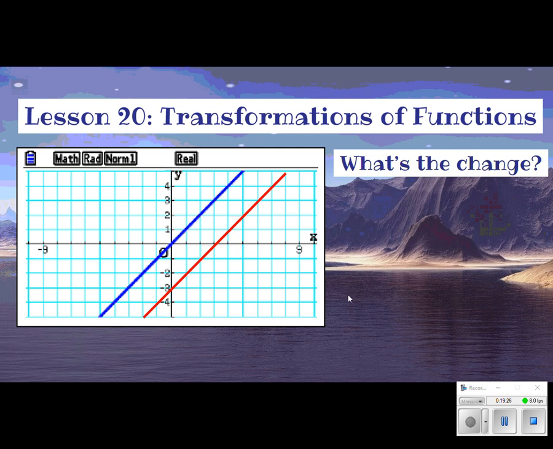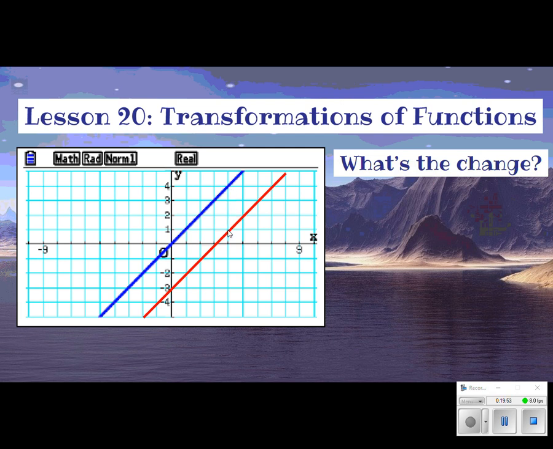Okay, so if I compare the red function to the blue function, it looks like I took the blue one and dropped it down 1, 2, 3. I want to make sure that I know the distance between the point right above and the point below. Now, what happens if I come up here to 4, 4, and I drop that down 3. 1, 2, 3.